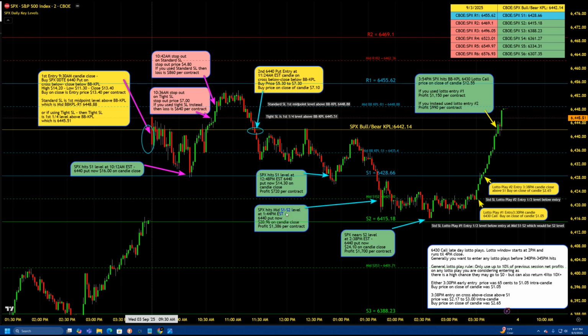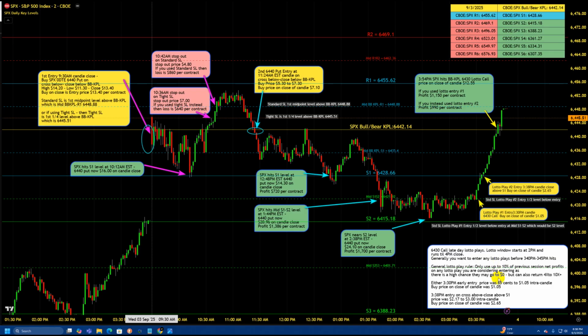And if you were trading 2 contracts, in this case at 1,386 minus 860, you basically have approximately $1,000 here, so that would only give you up to $100 in lotto plays.